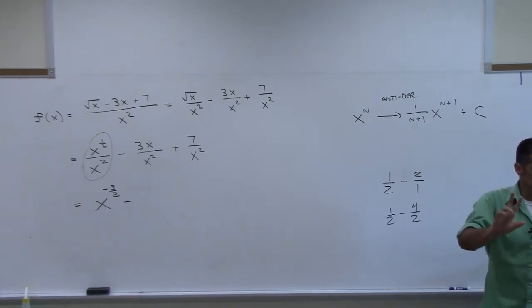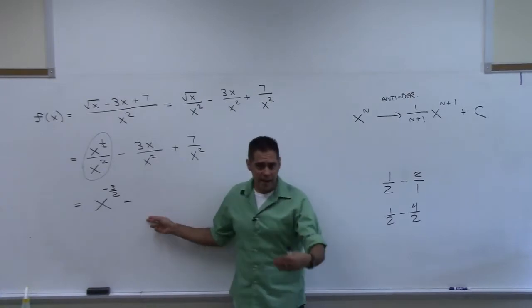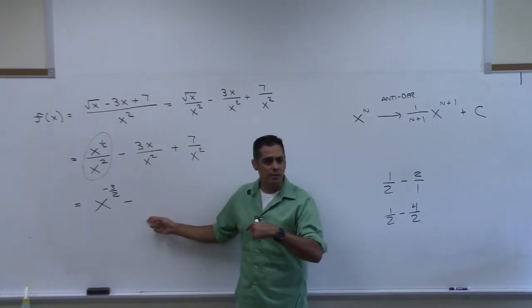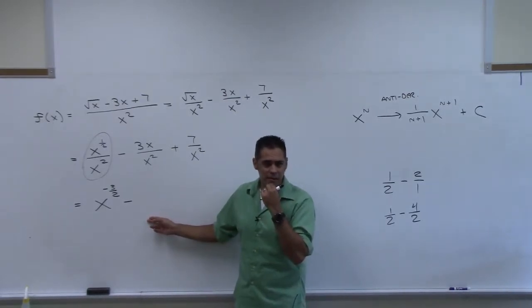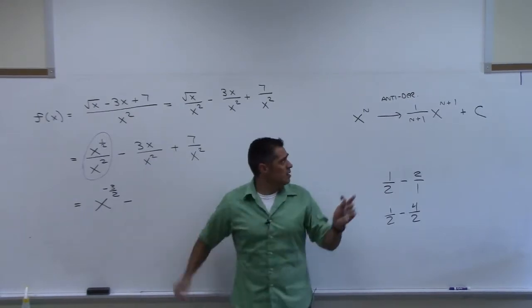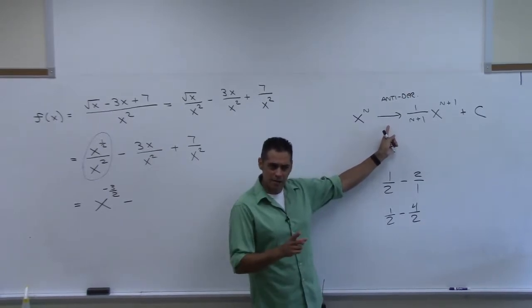So you have a choice here. You can either write this as 3 over x, or you can write it as 3 times x to the negative 1. It's your choice. Which way do you want to write it? Negative 1, why? Because it's all on the top, and then you can use this formula. But wait, this formula doesn't work for negative 1, right?